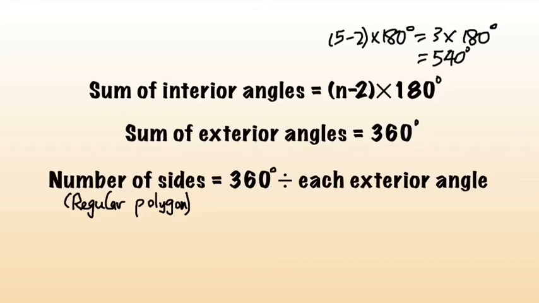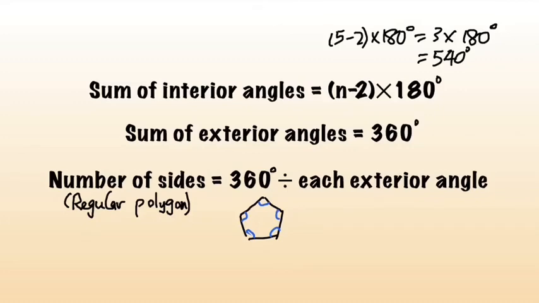So for example, we use the example of the pentagon. As we know, the total of interior angles is 540 degrees. For a regular polygon, the interior angles are all equal. So there are 5 interior angles in total.